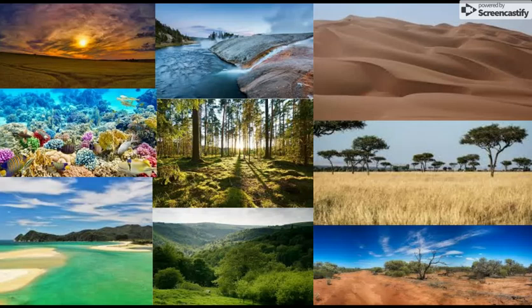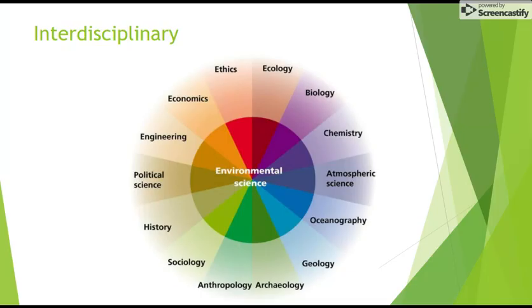We really have to find a balance for all of these different areas of the resources that we get and the damage that we're doing, and make sure that we are not completely destroying them in the process. This looks at the interdisciplinary aspect of environmental science.